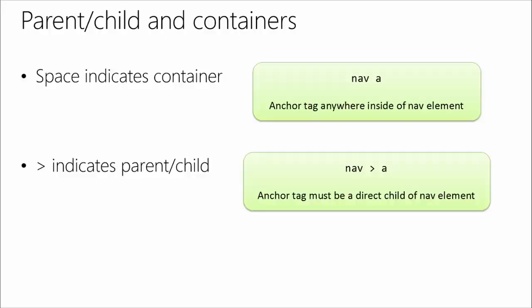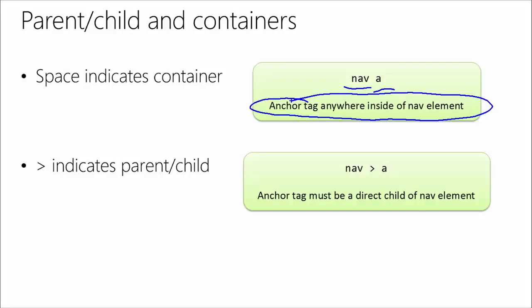So let's take a look at a little bit of CSS here, and let's talk about our parent-child and our containers. Now inside of CSS, on the selector, if I say nav a, for example, what I'm saying is I'm looking for an anchor tag anywhere inside of that nav element.